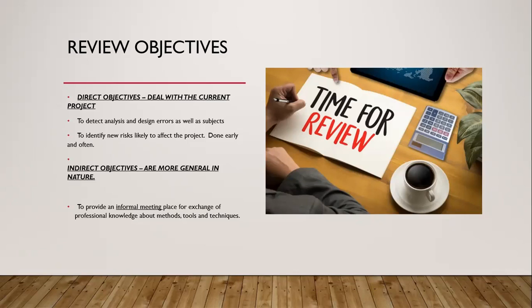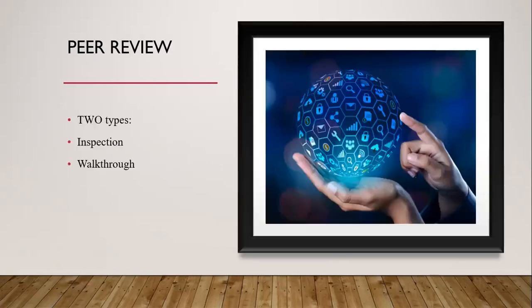Indirect objectives are more general in nature, providing an informal meeting place for the customer and the technical staff to meet and discuss tools, technologies, and many others. So the time for discussing review objectives is very important.